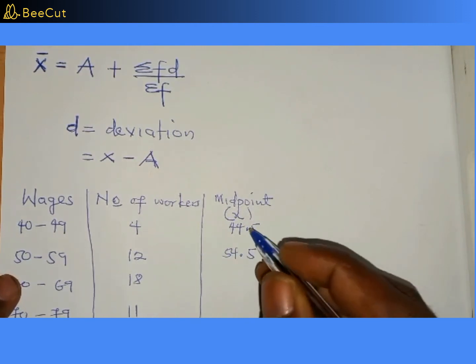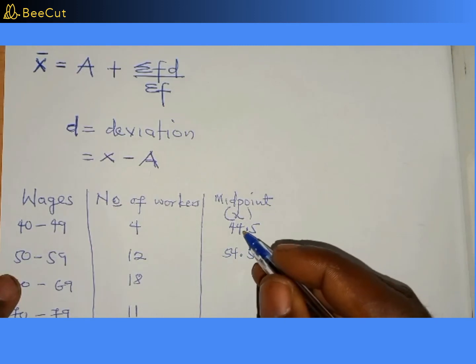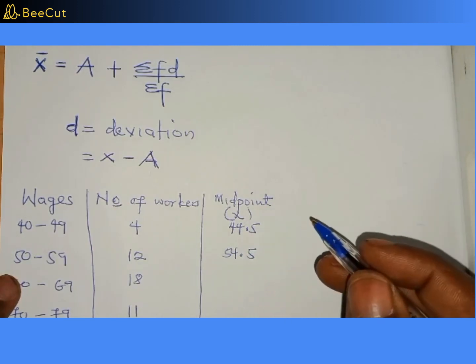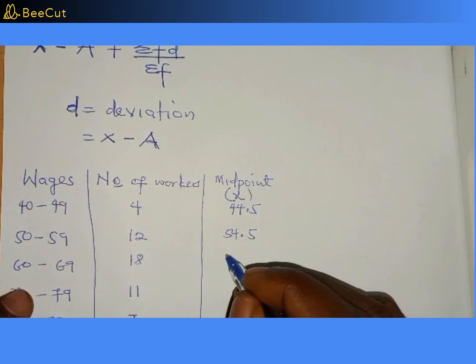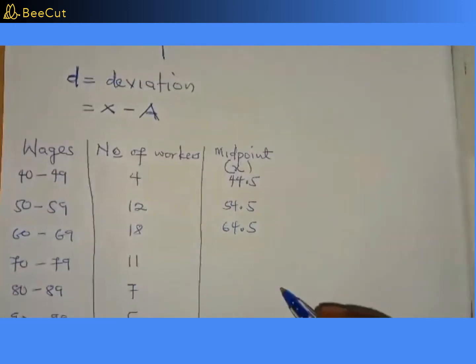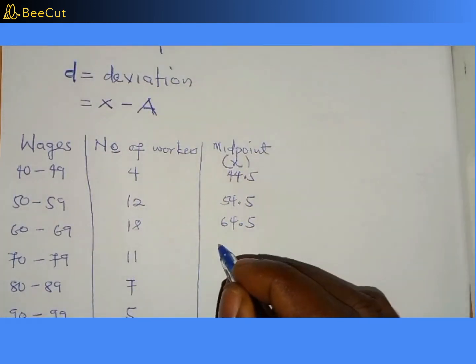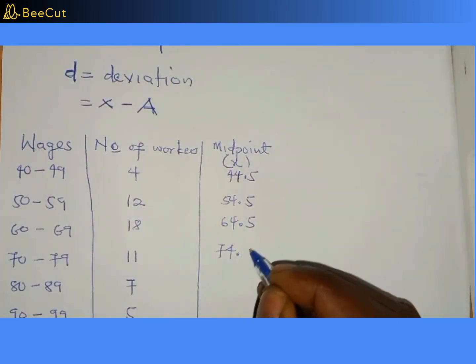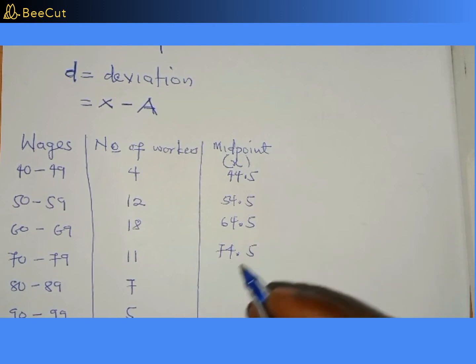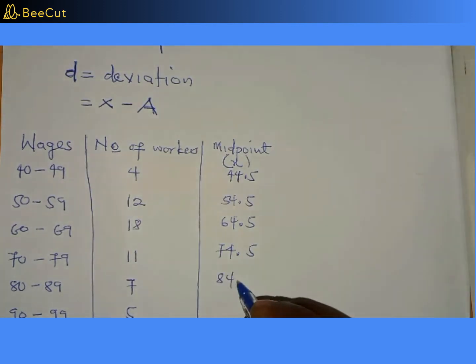54.5. And if you look at it carefully, you can see that the interval is just 10. So the next one, I'm going to add 10 to this, and that gives me 64.5. The next, I'm going to get 74.5. I'm going to get 84.5.